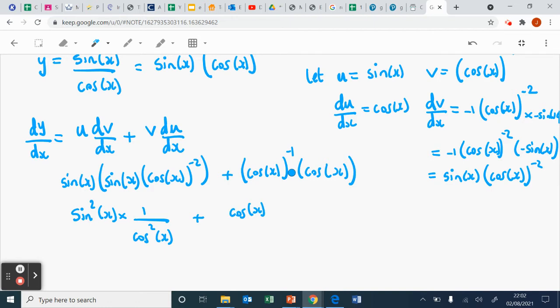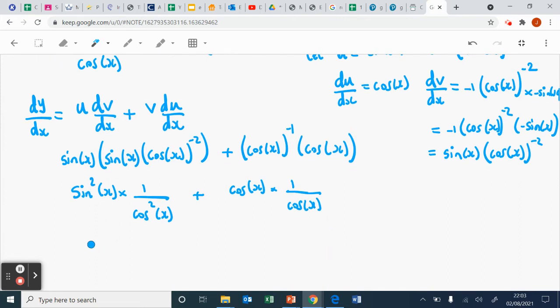And cos x to the power of minus 1 is 1 over cos x, just to make things a little bit clearer. So this simplifies to sine squared x over cos squared x plus cos x over cos x.